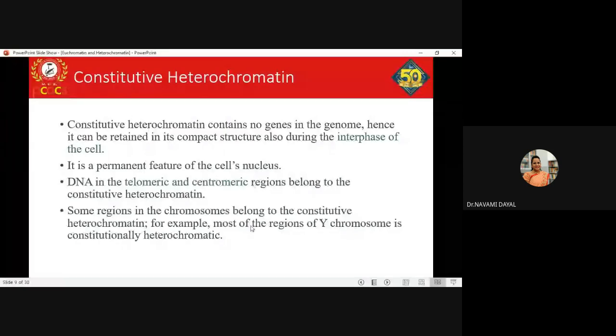Some regions in the chromosome belong to the constitutive heterochromatin. For example, most of the regions on the Y chromosome are constitutively heterochromatic in nature. So there are many regions on the Y chromosome which are constitutively heterochromatic, in the sense that there are no genes present in that particular region.